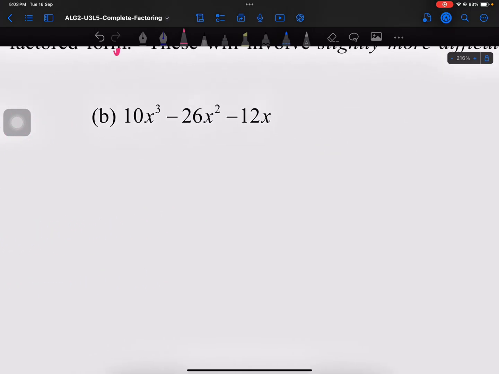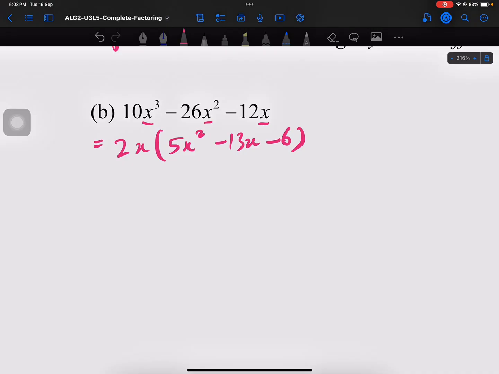Okay, for B, again, we take out the GCF, which is 2x, because all have x. And then 5x squared minus 13x minus 6. Okay, must be very careful.